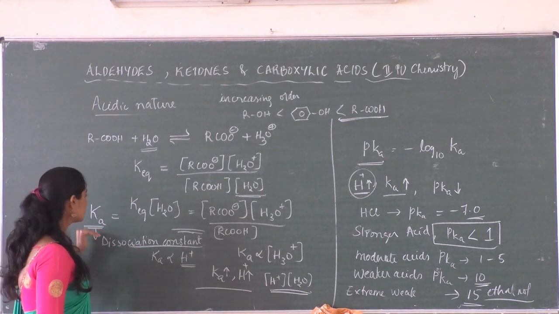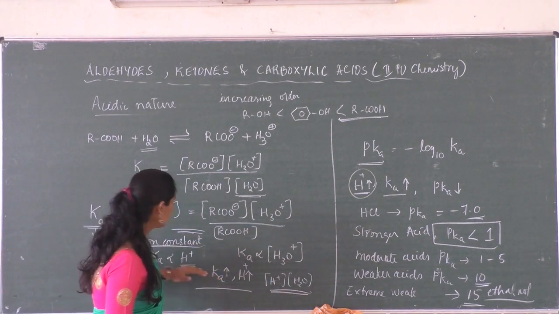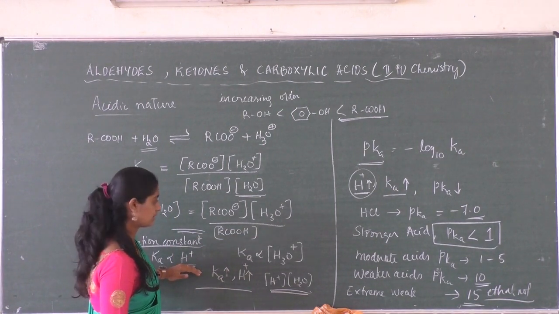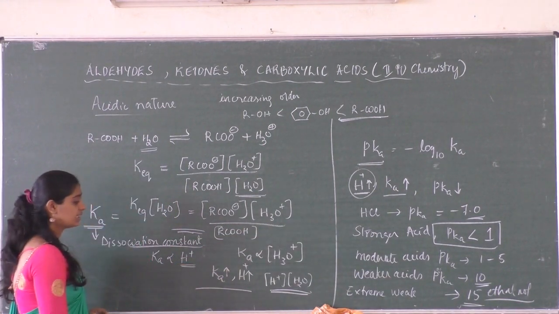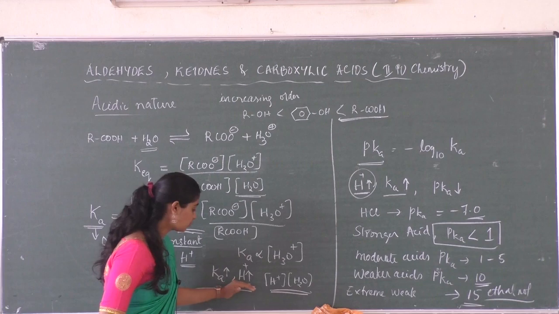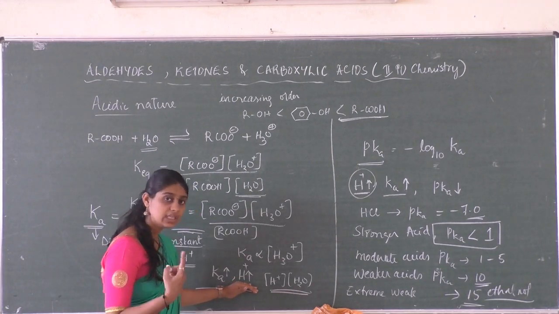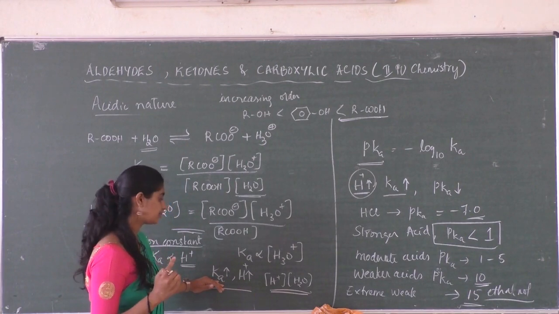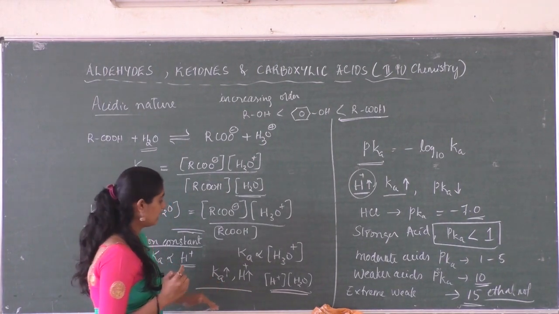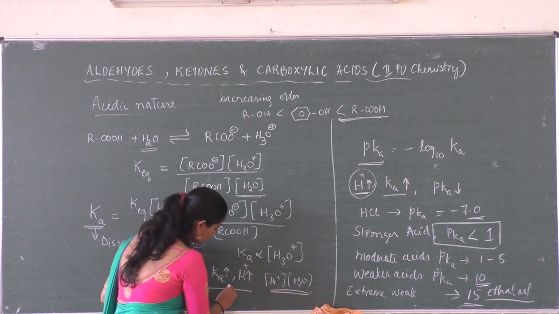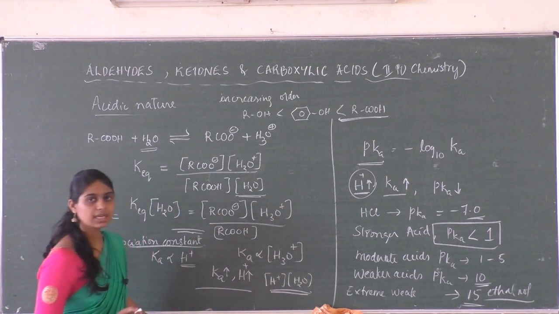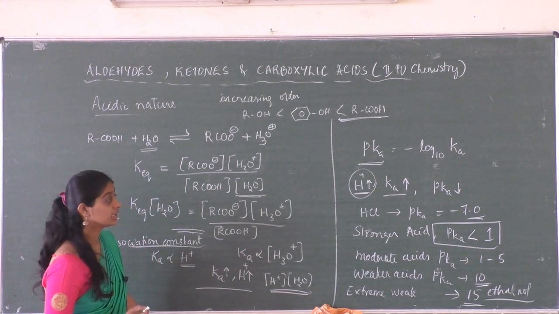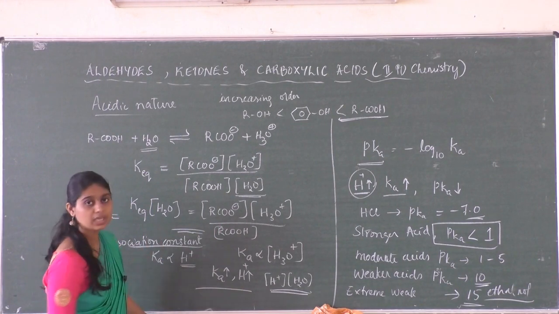The dissociation constant is directly proportional to the molar concentration of H plus. Therefore, as the molar concentration of H plus ion increases, the Ka value also increases. Whenever we talk about the acidic character, acidity is expressed in terms of pKa value.